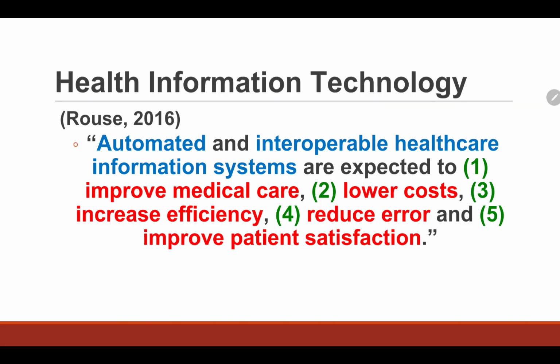Healthcare information systems are expected to, if patients' data and results can be easily interpreted, benefit these five things: improve medical care, lower the cost, increase efficiency, reduce error, and improve patient satisfaction. When you say efficiency, it refers to achieving maximum productivity with minimum wasted effort or expense. That is what health information technology can provide.